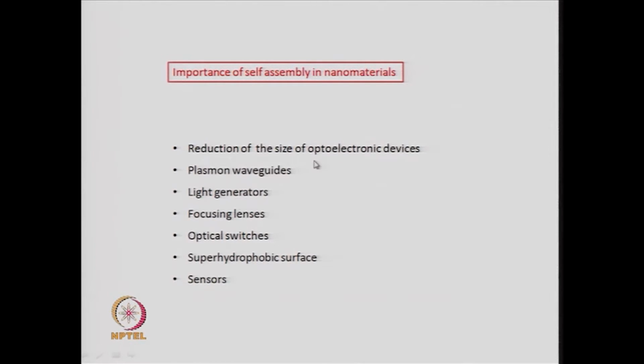And so, reduction in the size of these devices involves going to nano dimensions. So, self assembly in nanomaterials is one way which people are thinking of for reducing the size of optoelectronic devices. Then there are other systems like plasmonic waveguides, light generators, focusing lenses, optical switches, super hydrophobic surfaces.